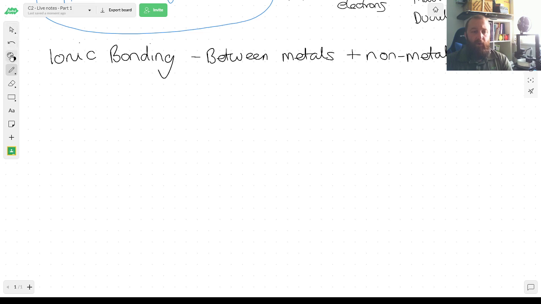So quite important that we've got our heads around that. We know that one because if it's between a metal and a non-metal, it is going to be an ionic bond. So a really quick way of identifying what's going on.